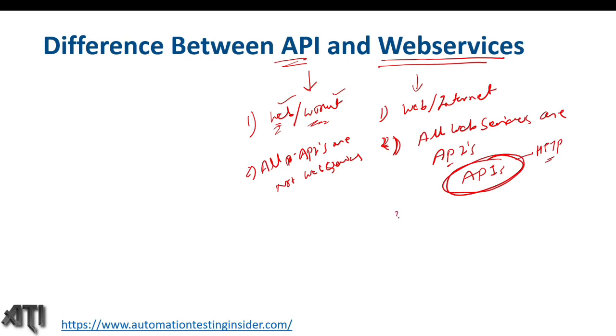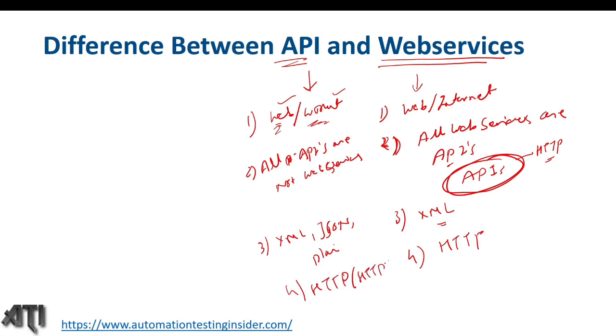Moving on to the next point, web services support only XML format for messaging, while APIs support different formats like XML, JSON, plain text, etc. The fourth point is about protocol: web services support HTTP, while APIs support HTTP as well as HTTPS. S is for security. These are the different points about API and web services.